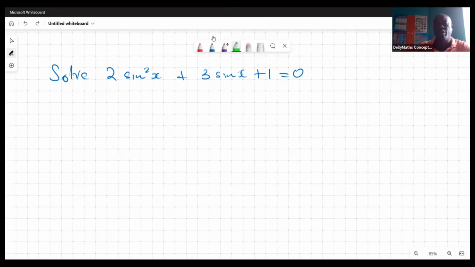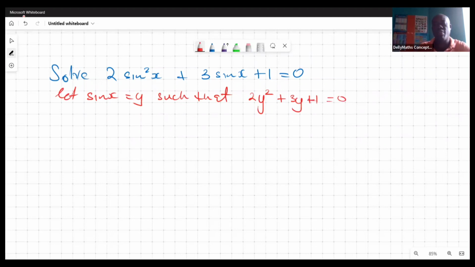Let us observe. We're talking about sine squared x, and then we're talking about sine x, and then no sine, right? So what we're seeing here is something like this. If I should rewrite this and say, let sine x equal y, such that 2y squared plus 3y plus 1 is equal to 0.